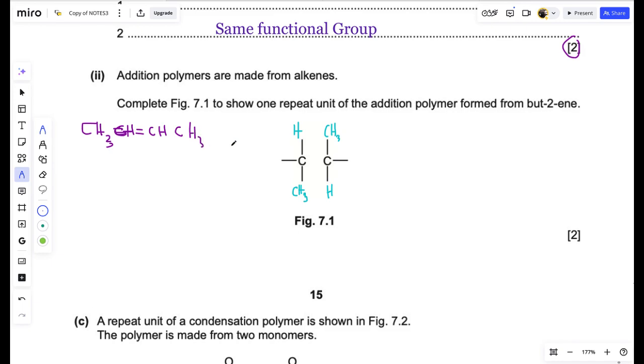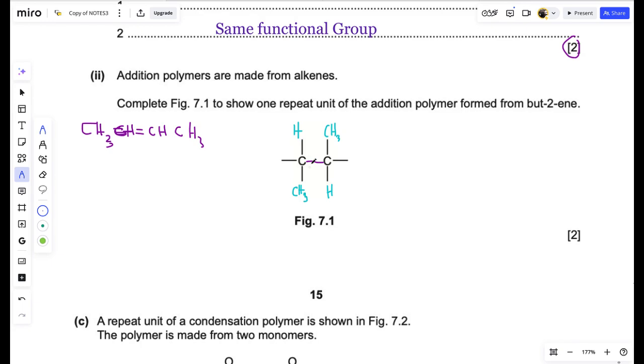Okay. So this one we add to itself to form this one. So to draw this, we have to draw one single bond here, because the polymer will have a single bond, no more double bond. This is the monomer. When it polymerizes, you have this, right?